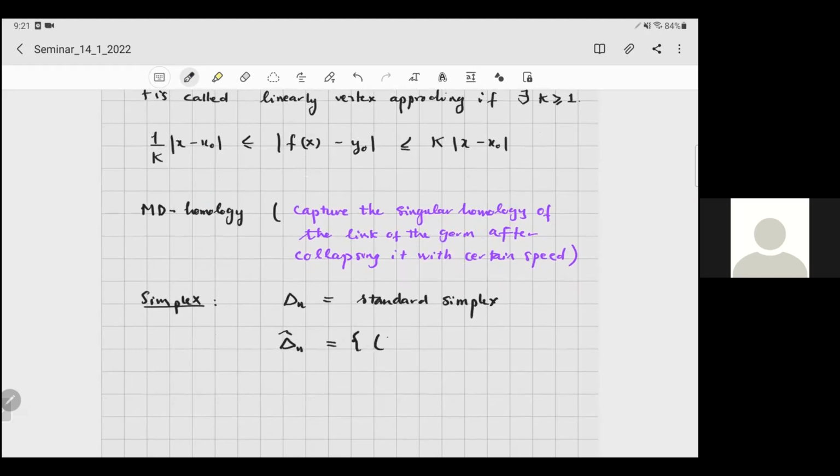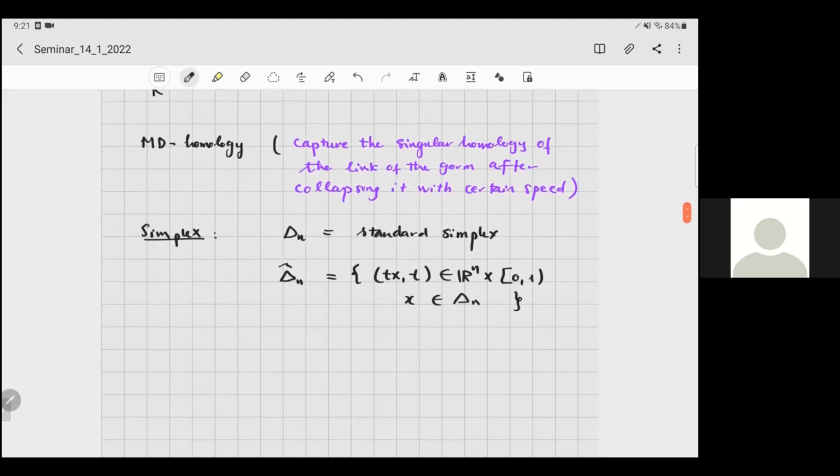This is the cone over Δn. If you have Δn like this, then Δn hat is what I get taking Δn as the link of the cone. So this is Δn hat.